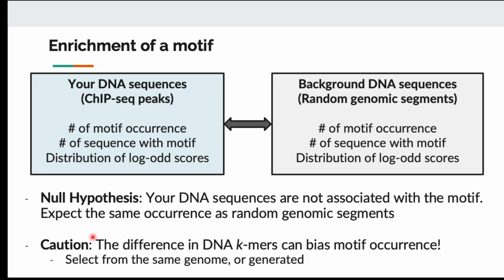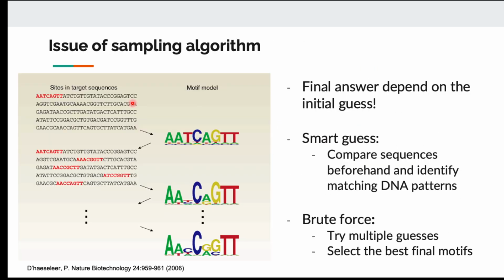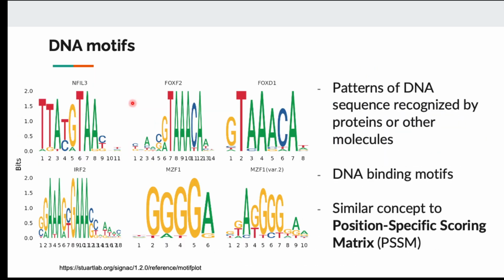So one caution that I want to make: when I say random genomic segment, this can have a big effect on whether you see the motif or not. Because let's pick an example here. If your motif has a lot of G's, and your DNA background samples regions with low GC content, you're not going to see this motif because you don't have many G's in your DNA.